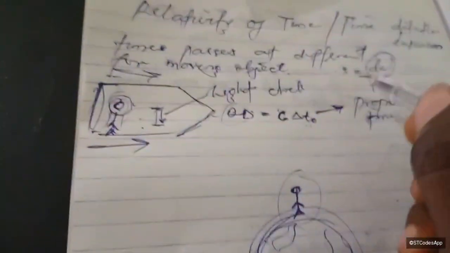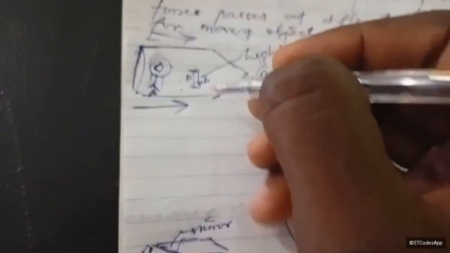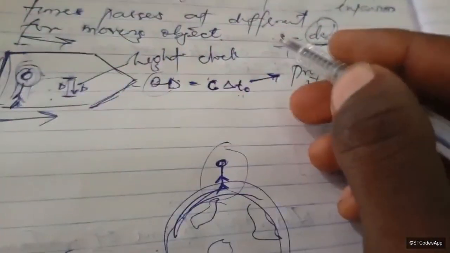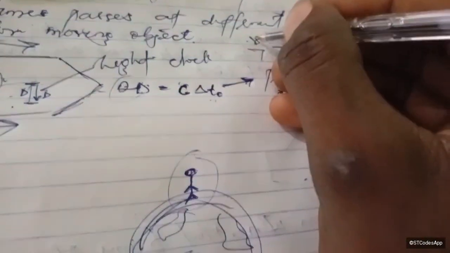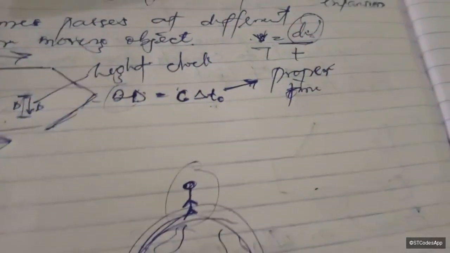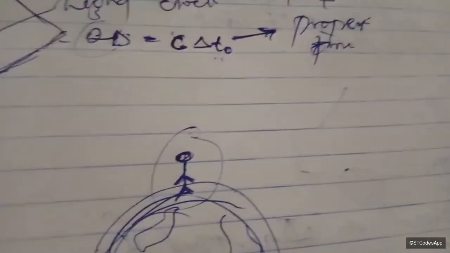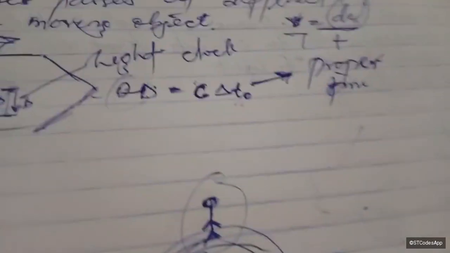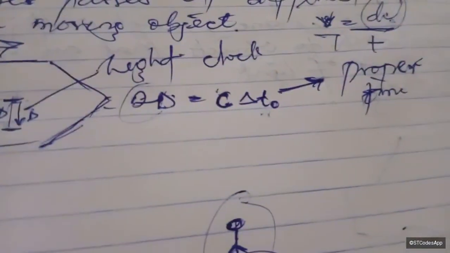This is clear, I did not invent any equation. Look at it, the distance is 2D that this guy will see. The first D, upward direction, the second D, downward direction. So two distances, that's 2D. I know that velocity is displacement over time, so displacement, therefore, will be speed times time.